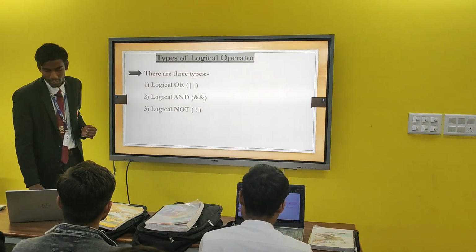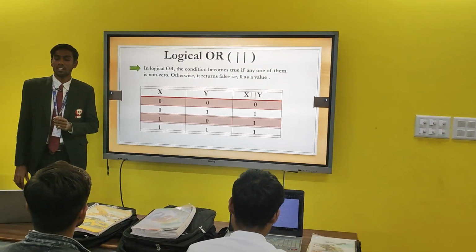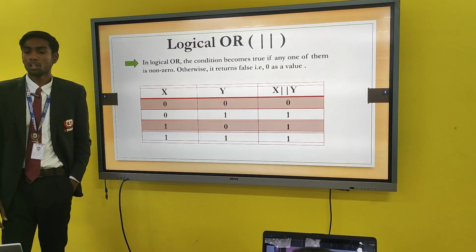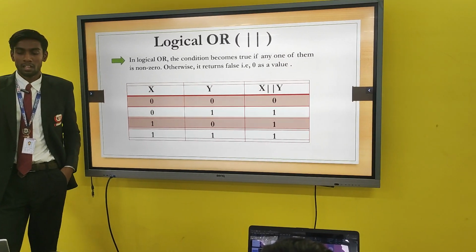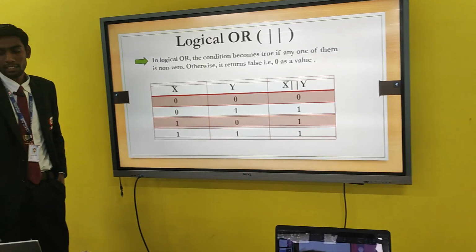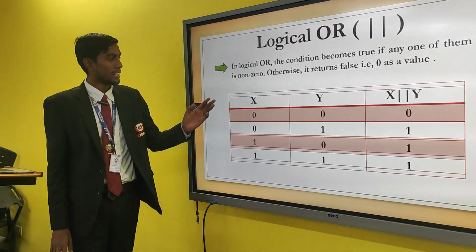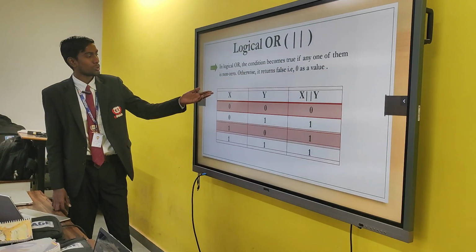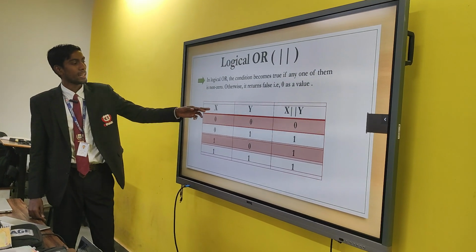So let's start with logical OR. With logical OR, the condition becomes true if any one of them is non-zero. Otherwise, it returns false, that is 0 as a value. Here is an example: two conditions x and y.